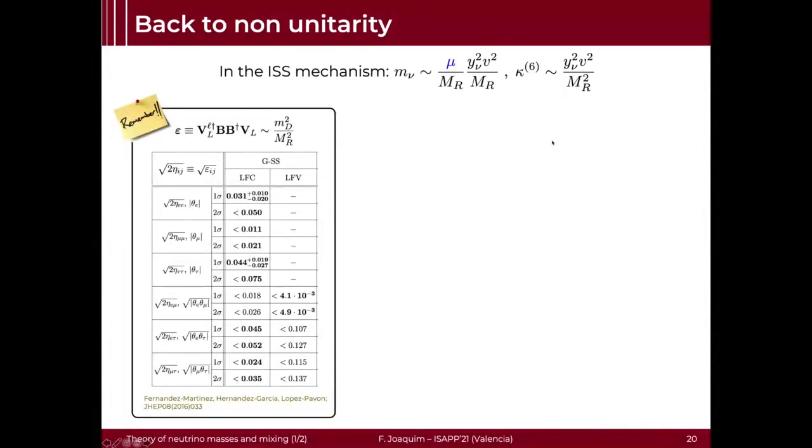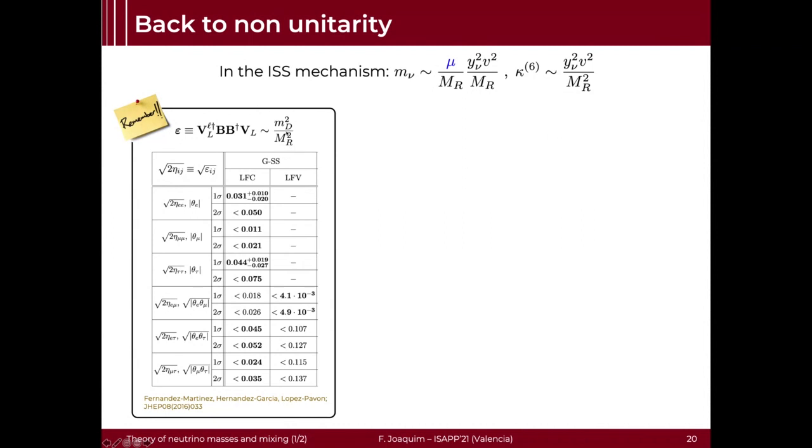So now, when we compare with the case of the type 1 seesaw, something interesting comes up, and it has to do with the fact that the non-unitarity effects in this case are still controlled by MD squared over MR squared.